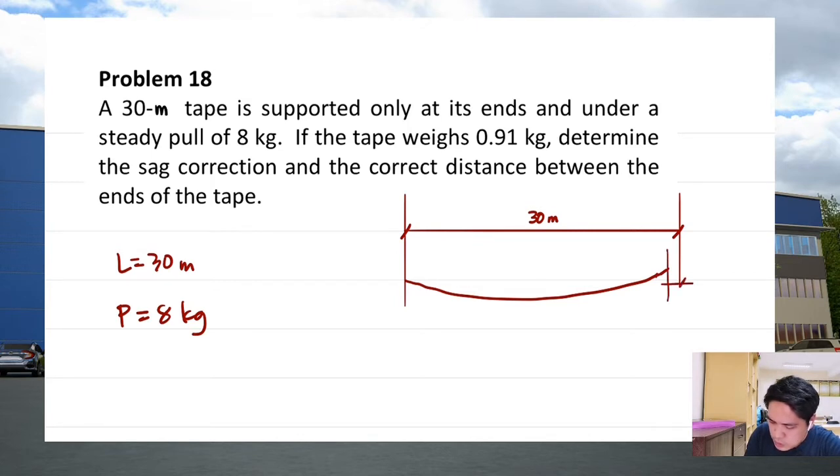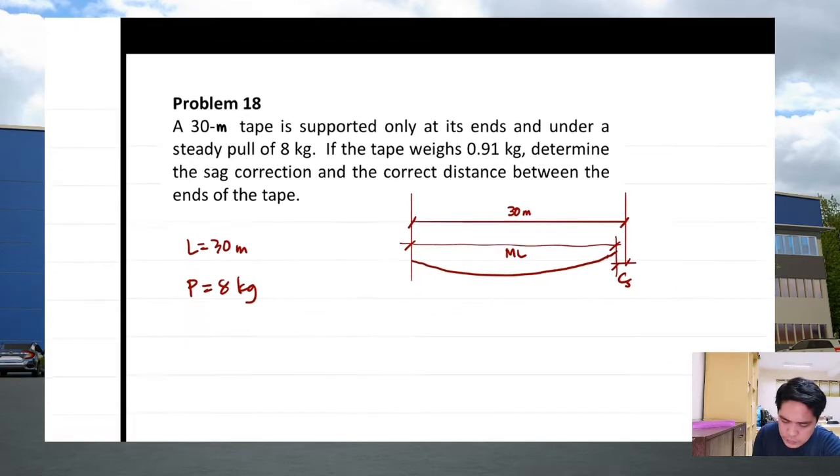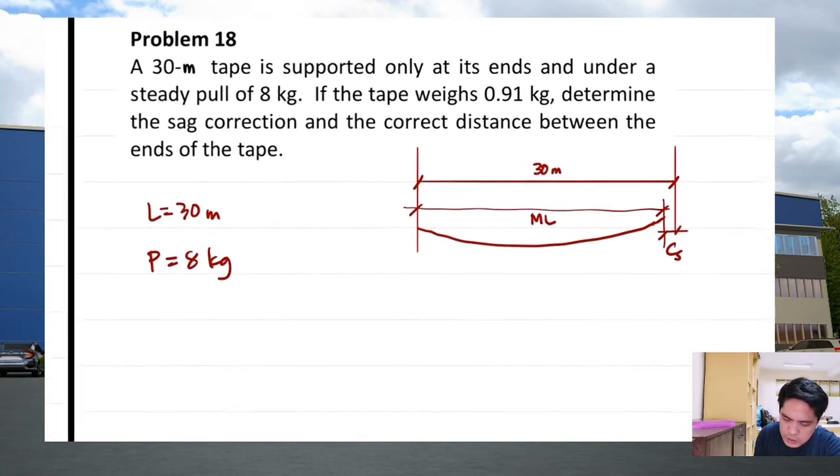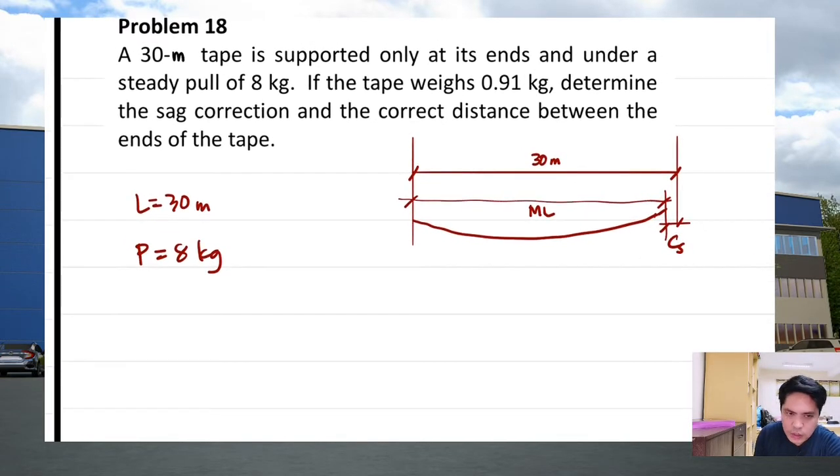So, ito yung correction due to sag natin. So, ang hinahanap natin is what would be this length. Okay? So, tawagin natin dito as the measured length. What would be the measured length? Or the corrected tape length between the ends of the tape. Okay?